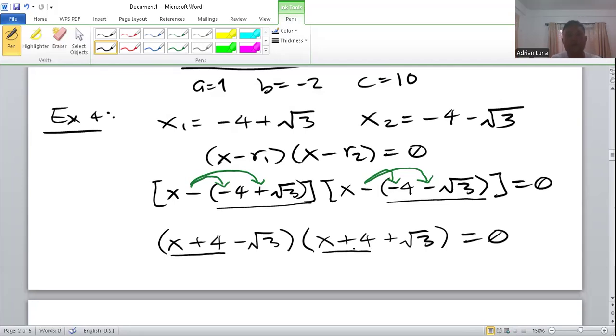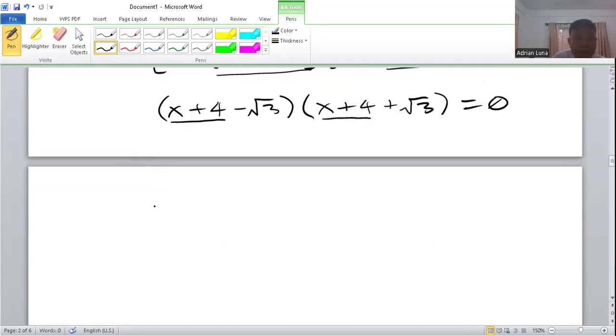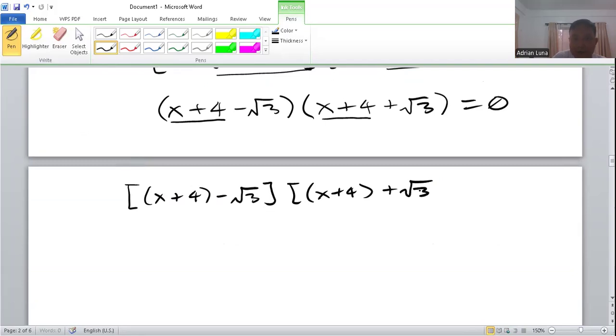And we're going to perform FOIL method. So, i-group natin siya para hindi nakakalito. That's x plus 4 minus square root of 3 times x plus 4 plus square root of 3 is equals to 0. And FOIL method, x plus 4 times x plus 4, the quantity of x plus 4 times x plus 4.